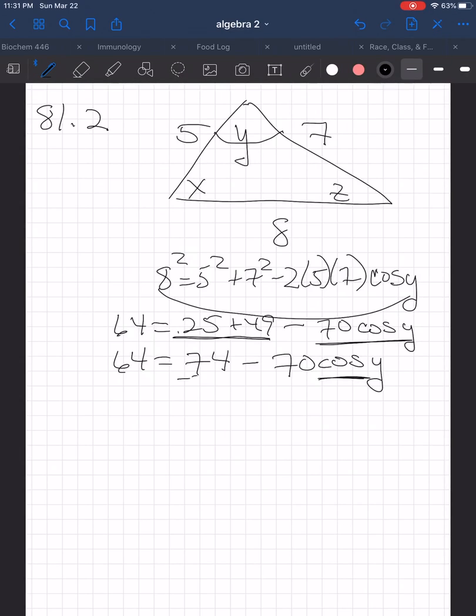And we want to get this by itself. So we subtract 74. We get minus 10 is equal to minus 70 cosine of y. And we divide both sides by negative 70.